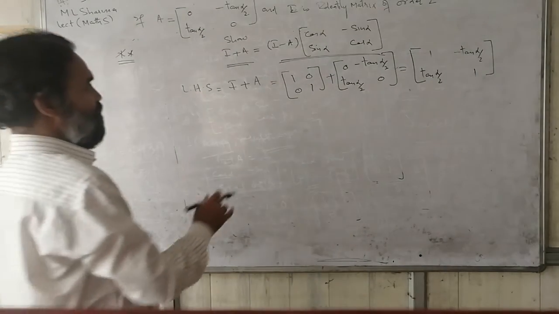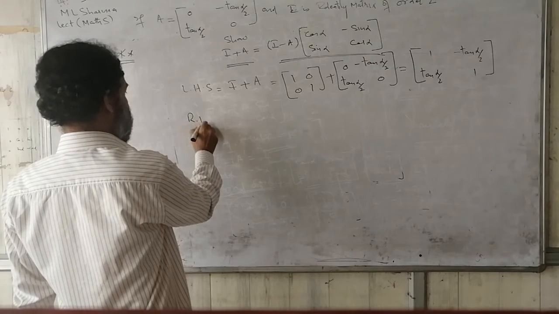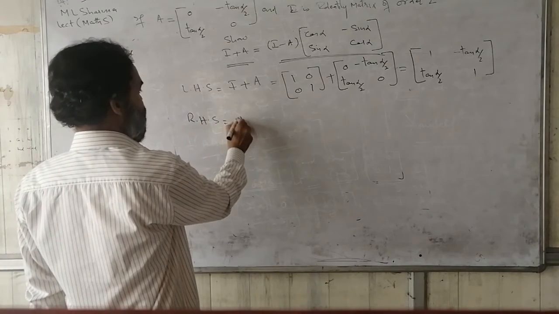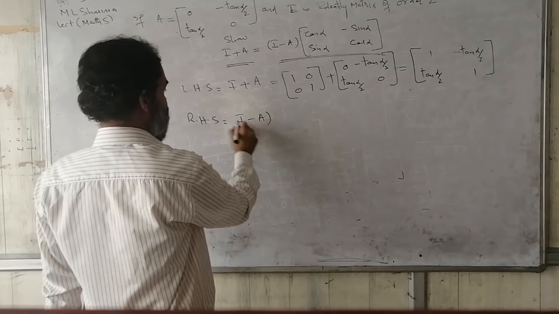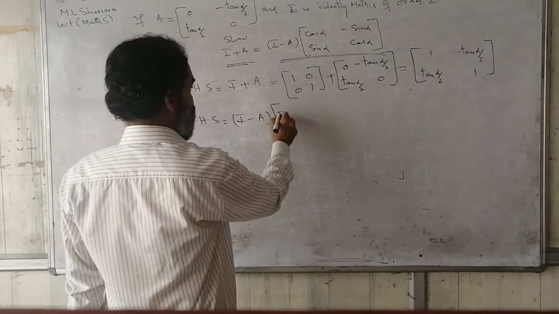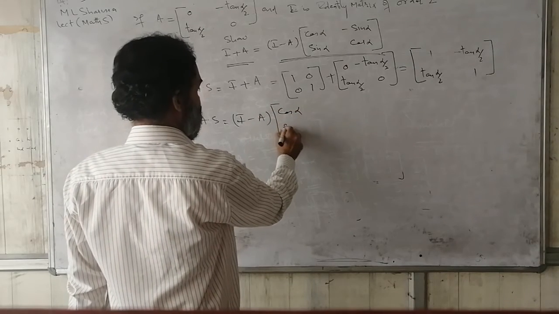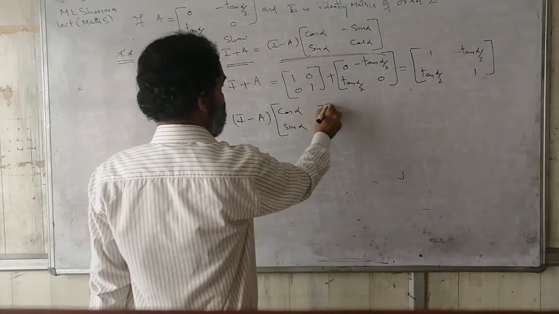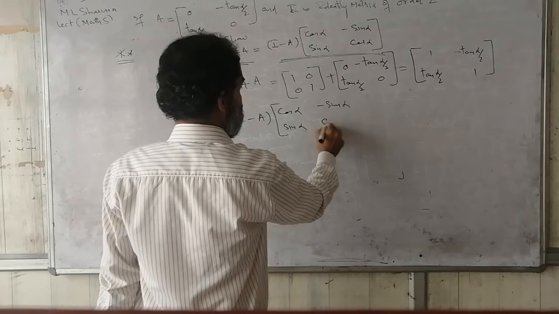So I have to prove my right hand side, that is I minus A into cos alpha, sin alpha, minus sin alpha, cos alpha.